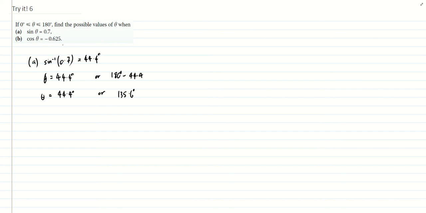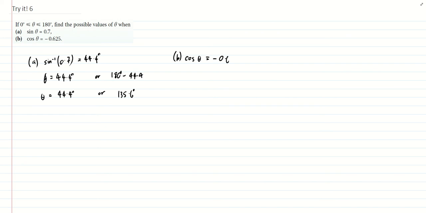Okay, so the downside of having a calculator is that it will only give you one value, which is 44.4, and you need to be able to get the second value on your own. Now, for part B, cosine theta equals negative 0.625. You don't have to worry about the two values because you know for a fact that the obtuse angle is negative, the acute angle is positive.